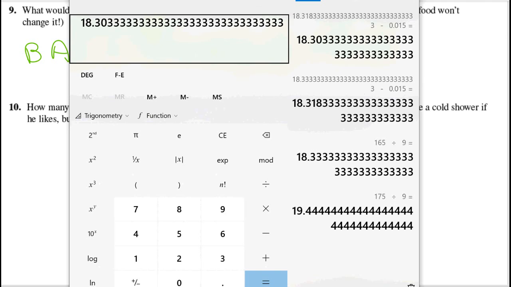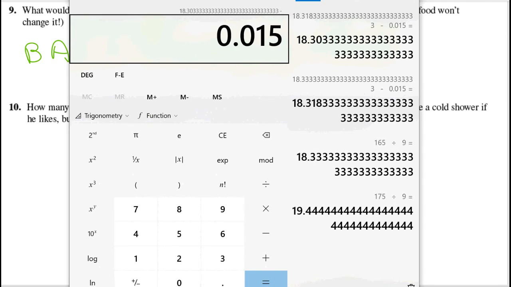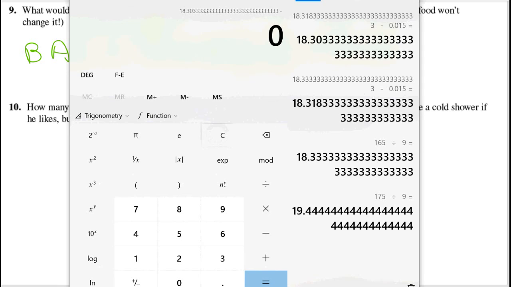Okay. So now I've got negative 0.015. Oh, it didn't clear it. Negative. Oh, it's doing negative because I am pushing the minus sign instead of the negative.